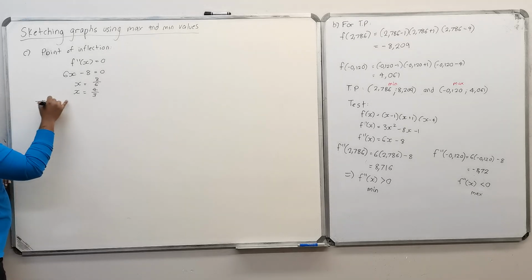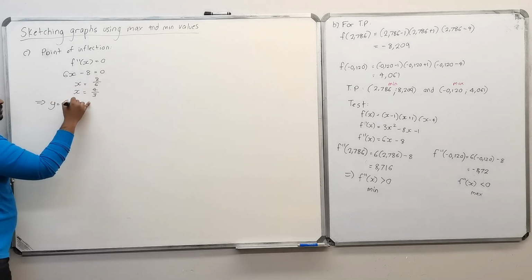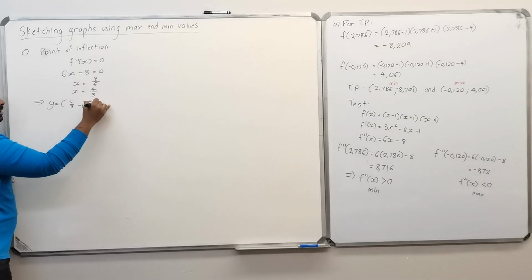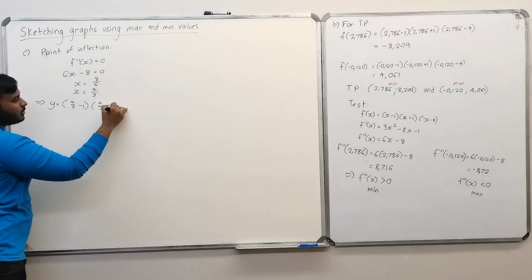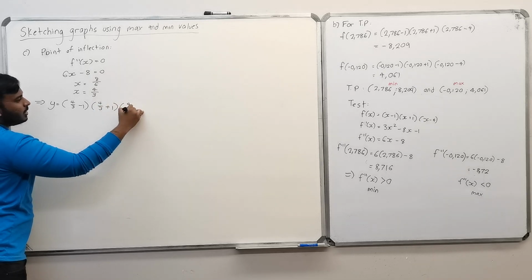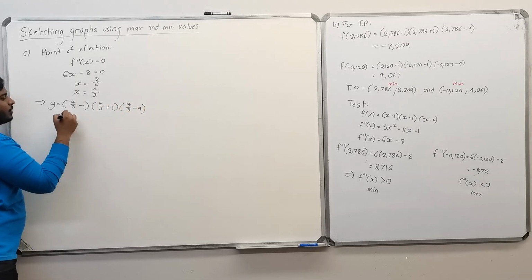So your y value would be equal to 4 over 3 minus 1 times 4 over 3 plus 1 times 4 over 3 minus 4. Now what do you get?